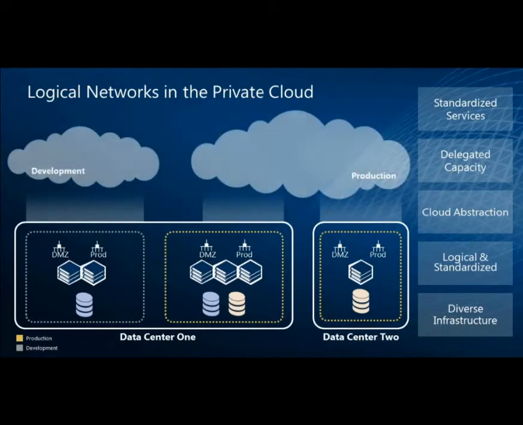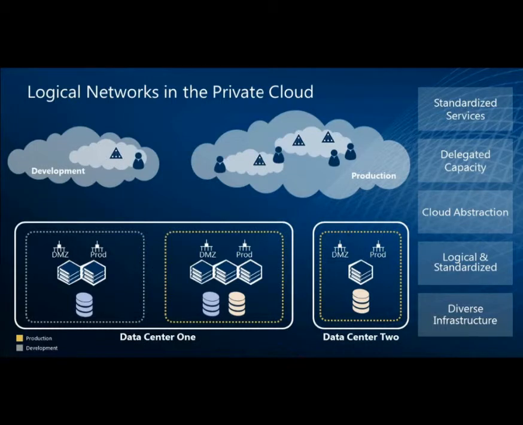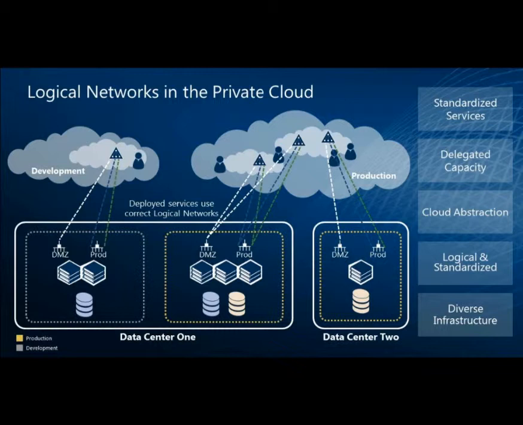Once I've done that, then when I create the clouds and deploy the services, that service has a network configuration that says, I need these VMs to talk to this network, and these VMs to talk to that network. I can build all of that into the service template, and no matter where I deploy it, it'll deploy to the correct servers and the correct networking, and build that correct networking configuration, right IP addresses and VLANs, depending on what host it deploys on and which network it's attached to.